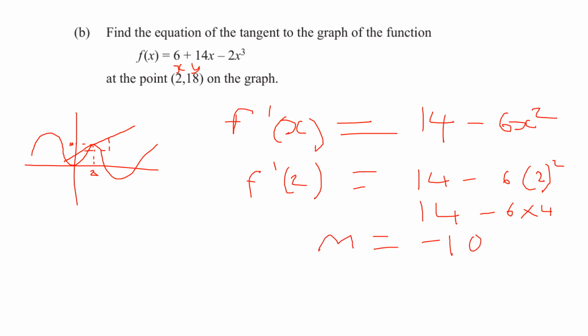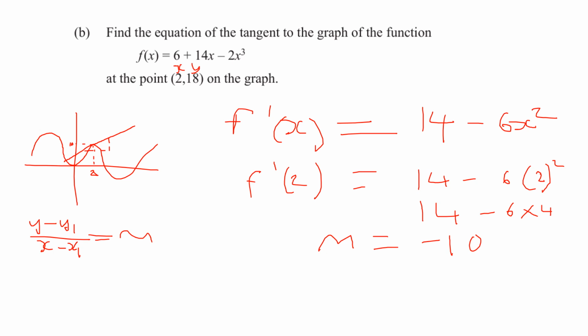And then here is the tricky part. So we know our gradient equation: our gradient is the change in y over the change in x. So if we have 2 points, our gradient is (y minus y1) over (x minus x1), which is equal to m, our gradient.